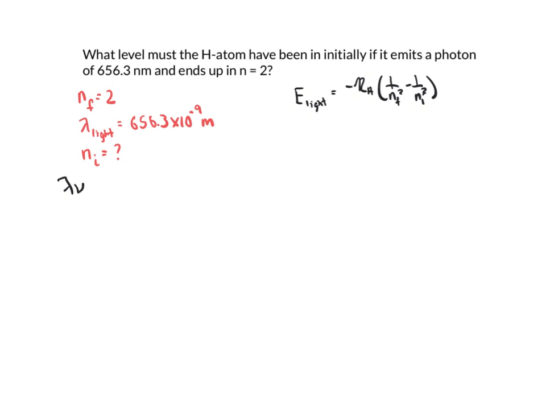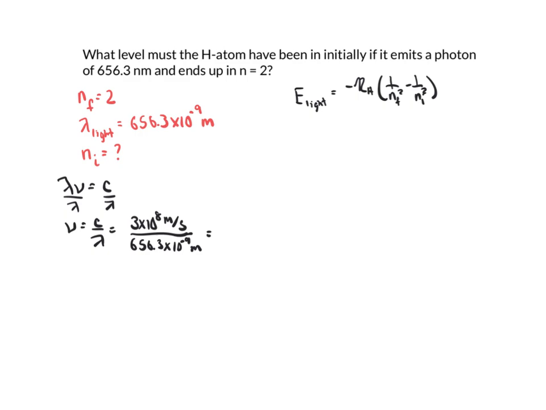So wavelength times frequency equals the speed of light. And if I want the frequency, I just divide both sides by the wavelength. So that gives me frequency equals the speed of light divided by the wavelength. So 3 times 10 to the 8th meters per second divided by 656.3 times 10 to the minus 9 meters will give me my frequency.